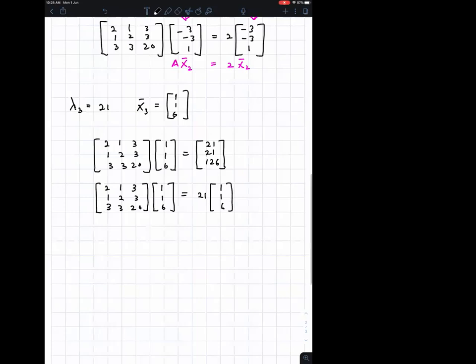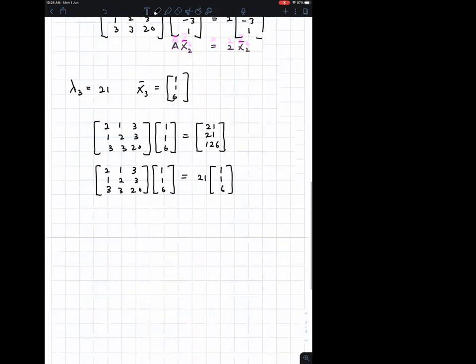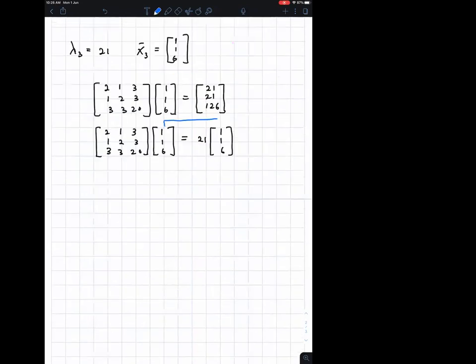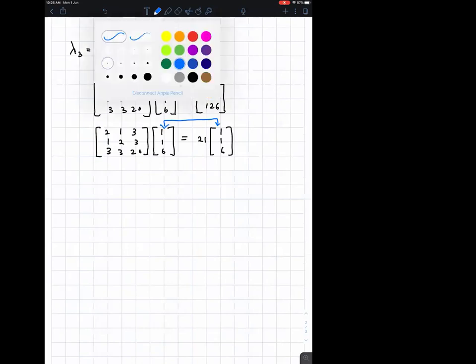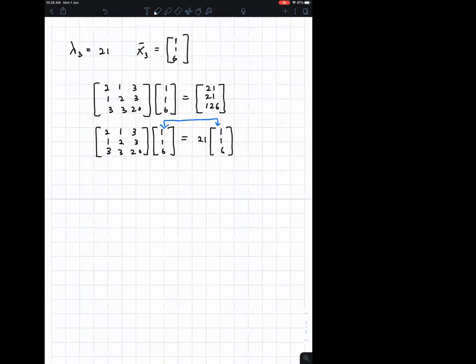So if you look, again, you will get matching eigenvectors at input and output. So this is A matrix multiplied by X3 bar, which is the eigenvector, is equal to eigenvalue 21 multiplied by the eigenvector.